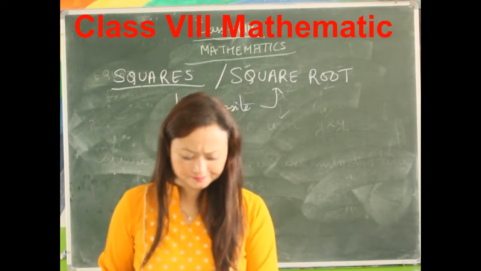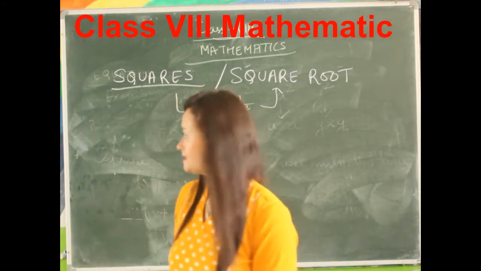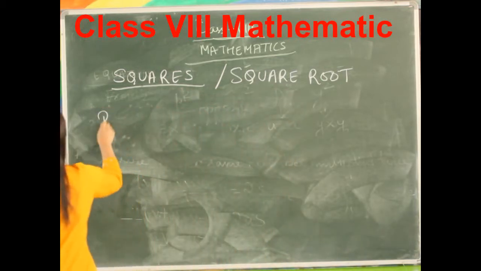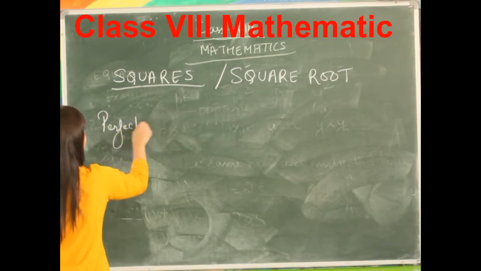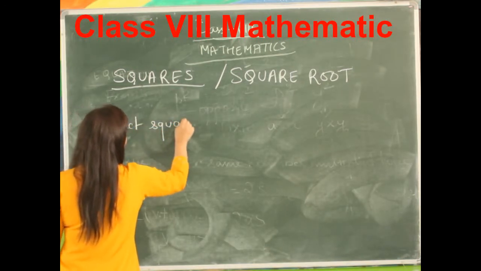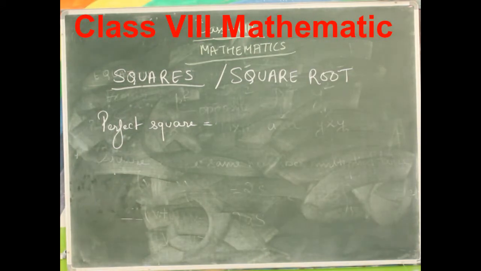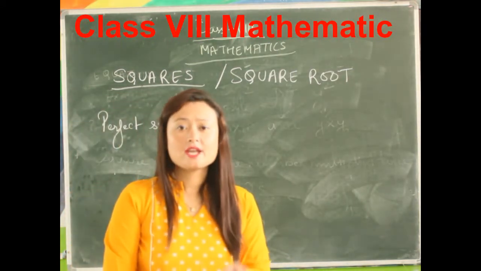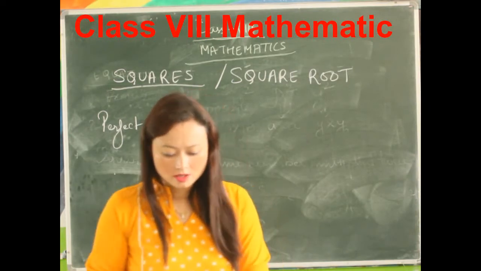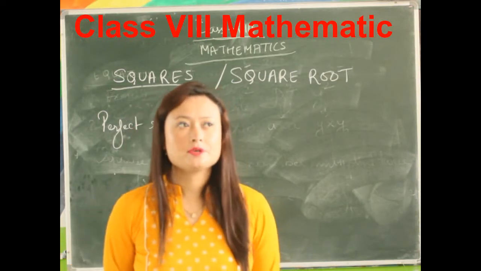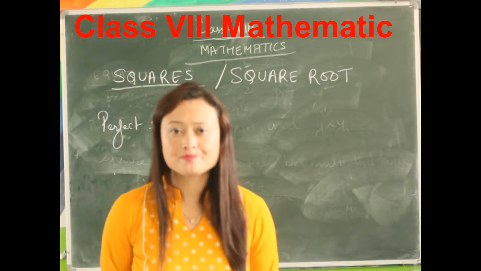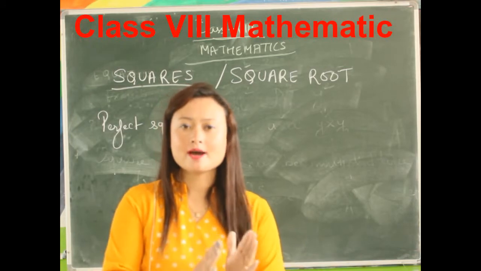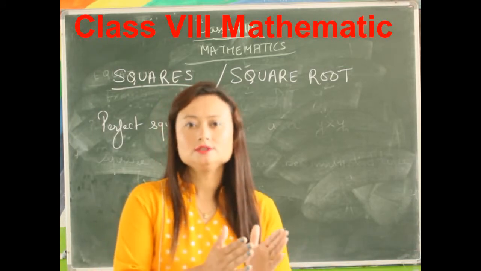Now there is another term which is called perfect square. What do you mean by perfect square? Any natural number is called a perfect square if it is the product of another natural number multiplied by itself.